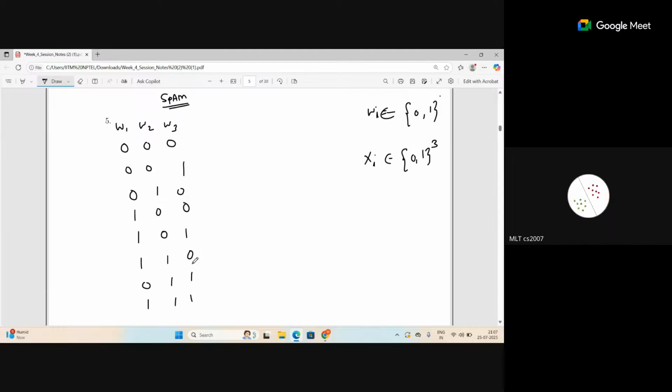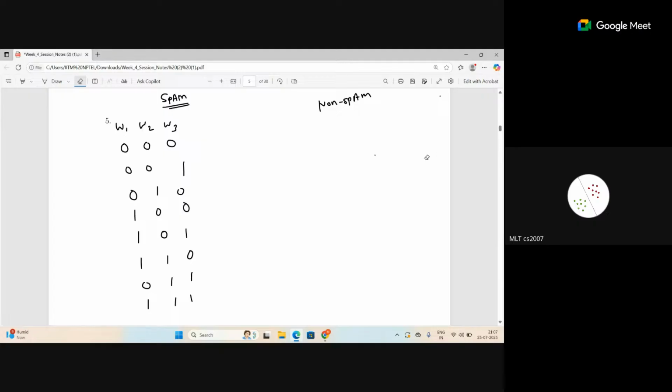And it will have a different probability for spam. The same combinations will be there for non-spam as well, all these 8 possibilities, and the associated probability we can find out.